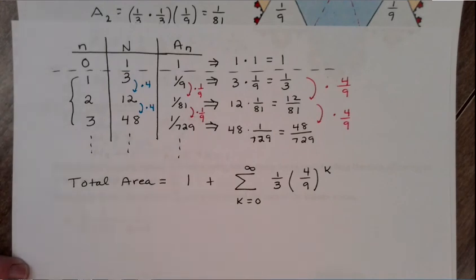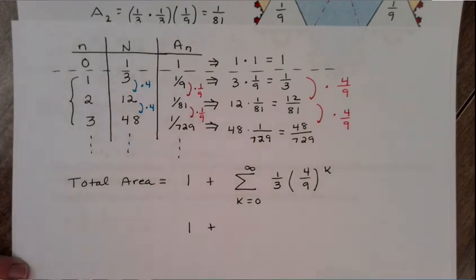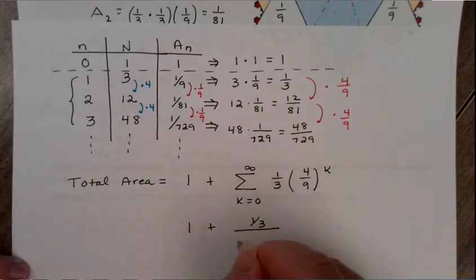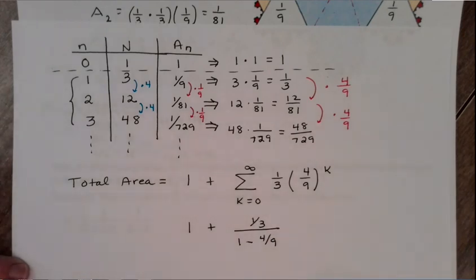We're going to go on forever. So we're going to get 1 plus, and here's my infinite sum pattern: a is 1/3 over 1 minus r, which is 4/9. And when I do that on a calculator, I get 1.6 for the total area of that snowflake.